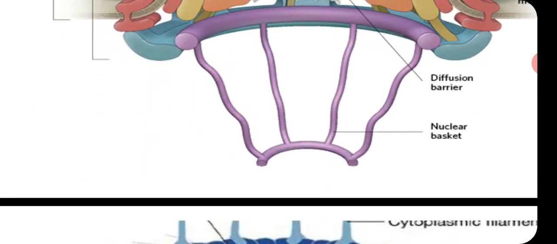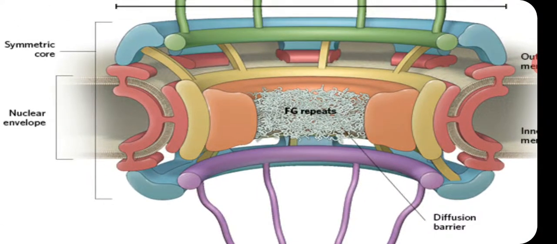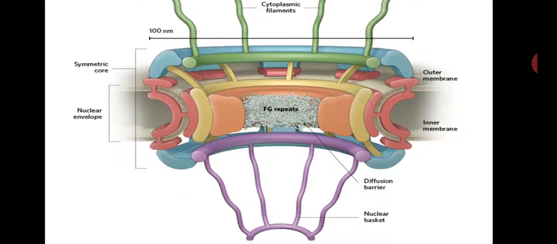Whereas on the nucleoplasm side, some protein filaments together form a nuclear basket, a ring-like structure. Moreover, nucleoporins, I already told you about 50 different types of proteins involved in the nuclear pore structure, are called nucleoporins. They form an octameric structure, which has a cytoplasmic ring, a nuclear ring and a middle ring.